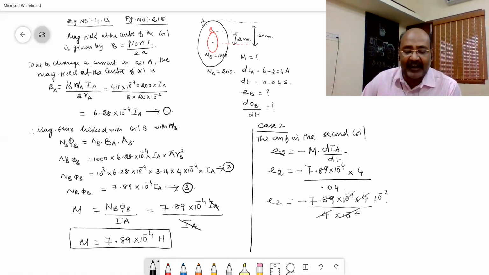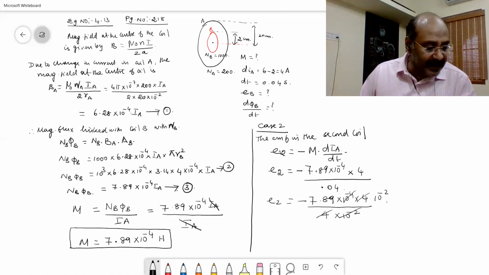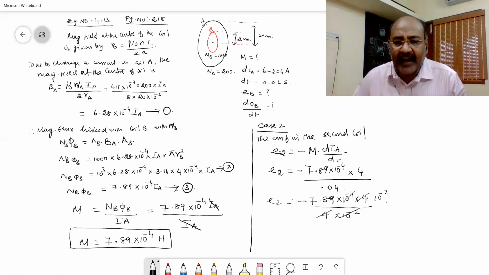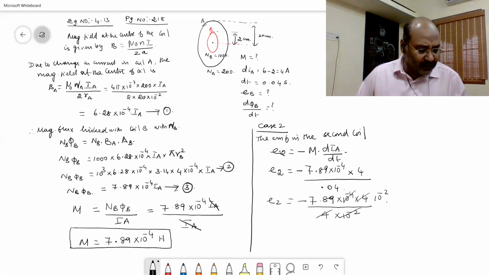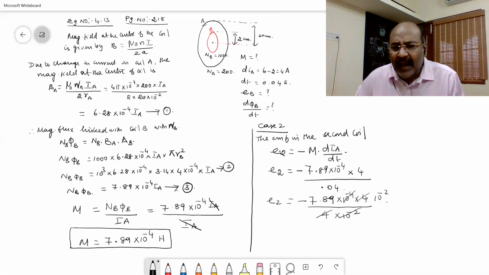M is given as 7.89 into 10 to the power of minus 4. Then I will be getting 4 divided by dt, and dt is given to be 0.04 seconds. On simplifying, I get minus 7.89 into 10 power minus 4 into 4 divided by, instead of 0.04, 4 into 10 power minus 2.